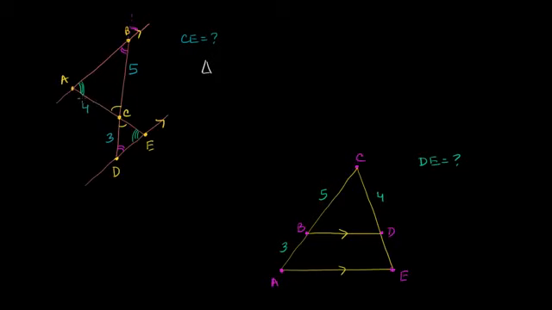So we know triangle ABC is similar to triangle, vertex A corresponds to vertex E over here, and then vertex B corresponds to vertex D, and then C. So EDC. Now, what does that do for us?